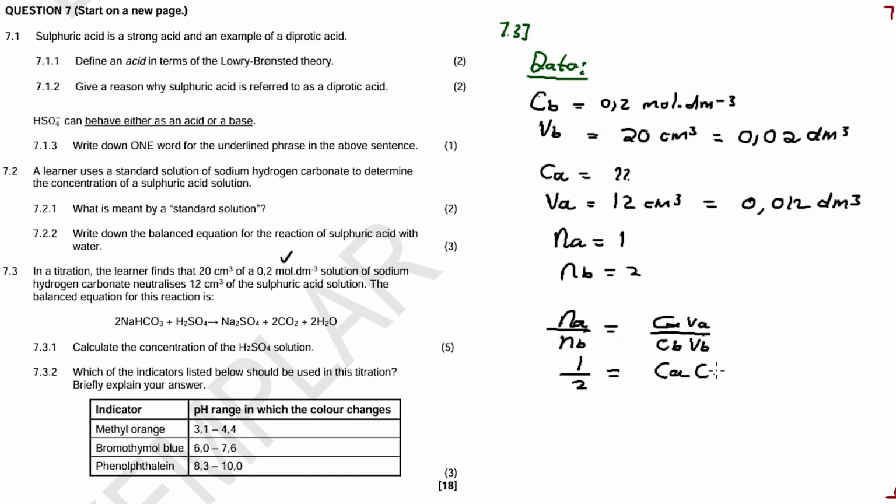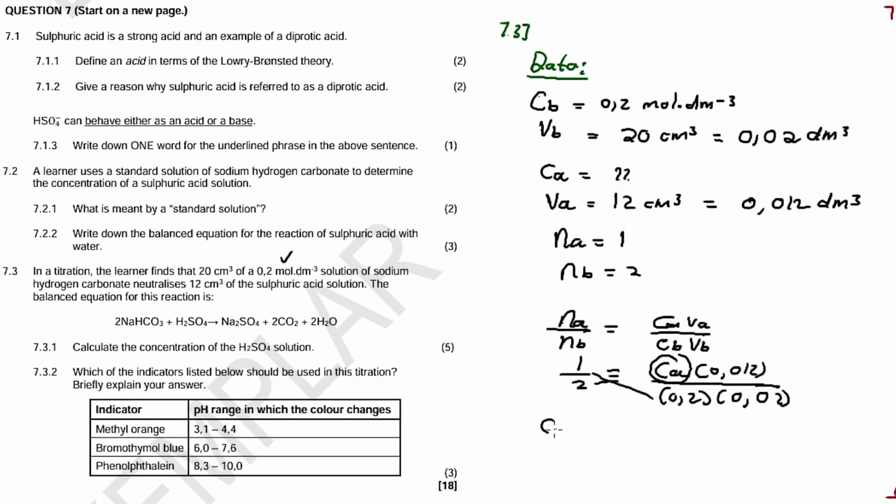Volume of acid, 0.012, divided by concentration of base 0.2, volume of base 0.02. Then we calculate. Remember, we want to make Ca the subject of the formula, so cross multiply.